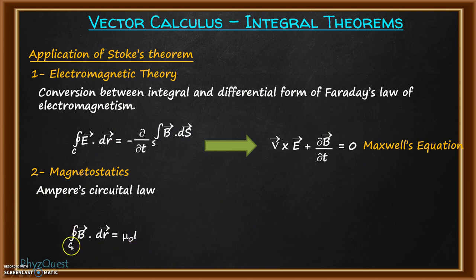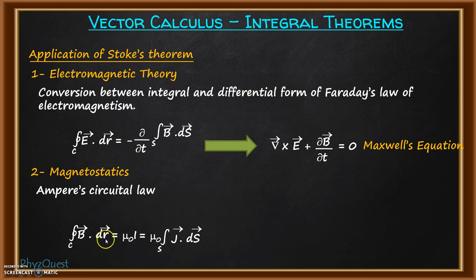So this line integral is equal to mu 0 I. I is the current, so it can be written in terms of the surface integral of current density, which is equal to mu 0 times the integral over S of j dot ds.